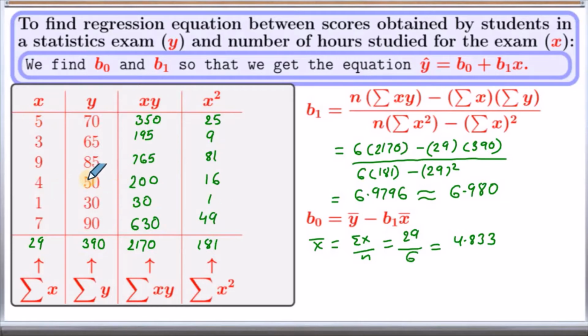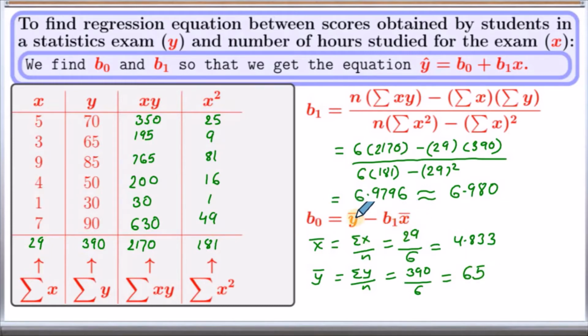Now let's find Y bar, which is sum of Y over N. And we know sum of Y is 390 and our N is 6. When we divide 390 by 6, we get 65.